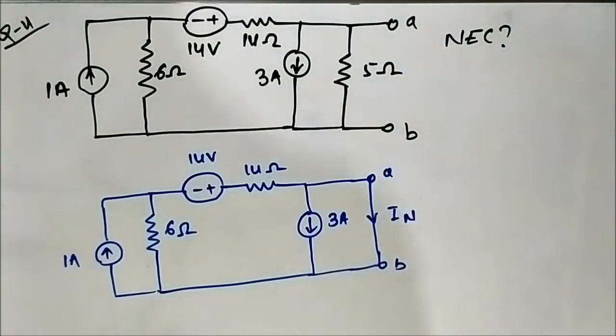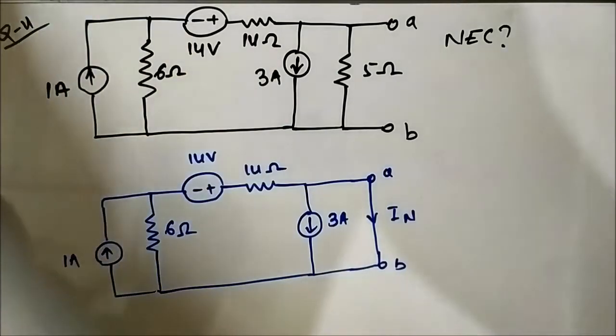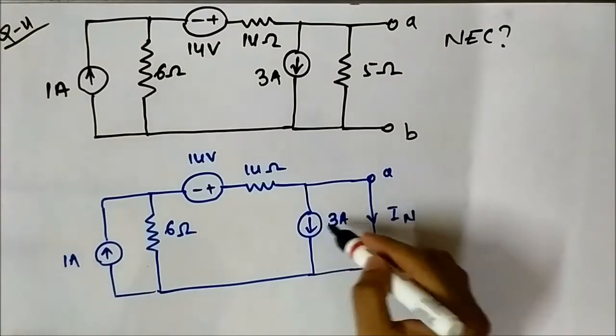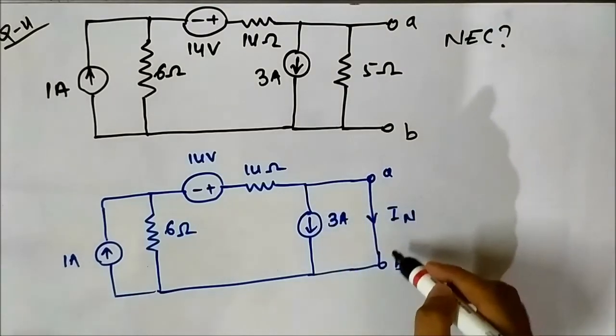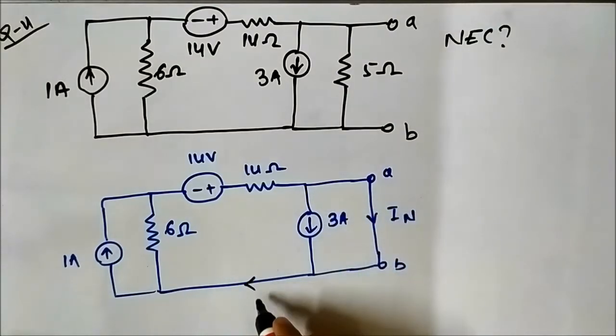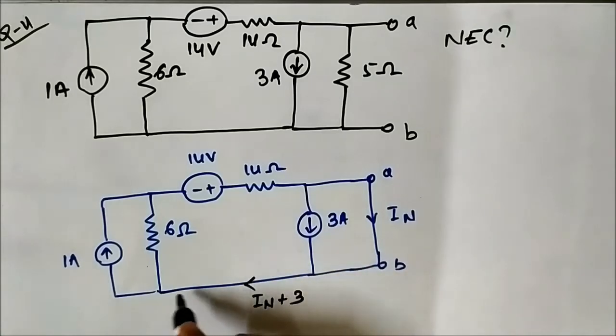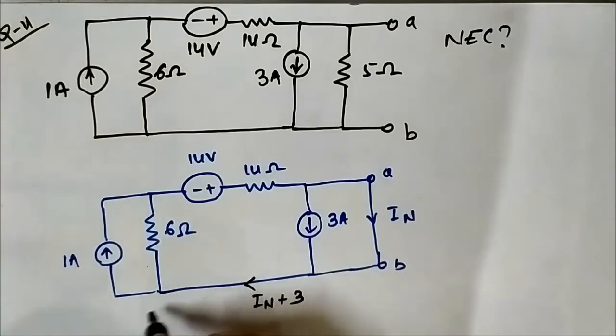Now please pay attention here while we assign the currents to the respective branches. Here 3 ampere is flowing downwards, IN is flowing downwards. They will get added up to be IN plus 3. Here up to this point it is IN plus 3.